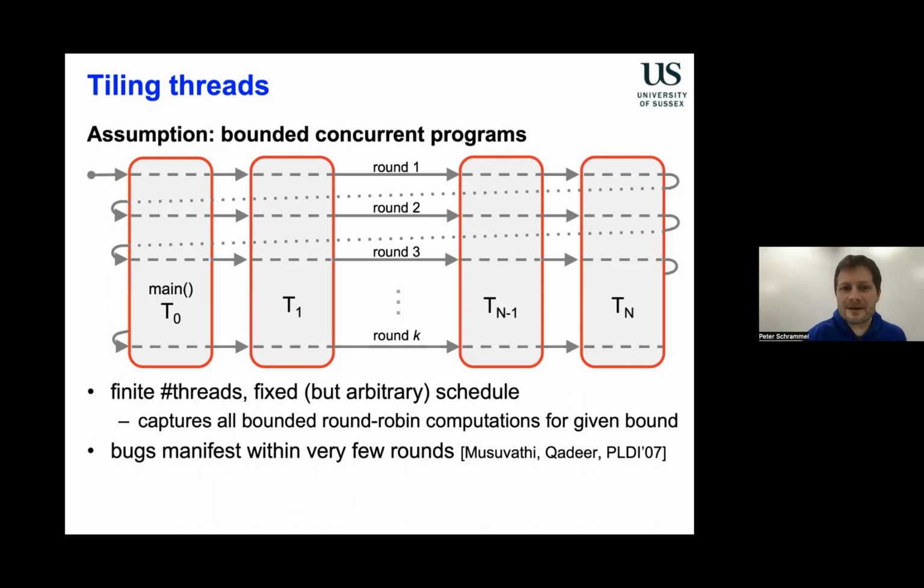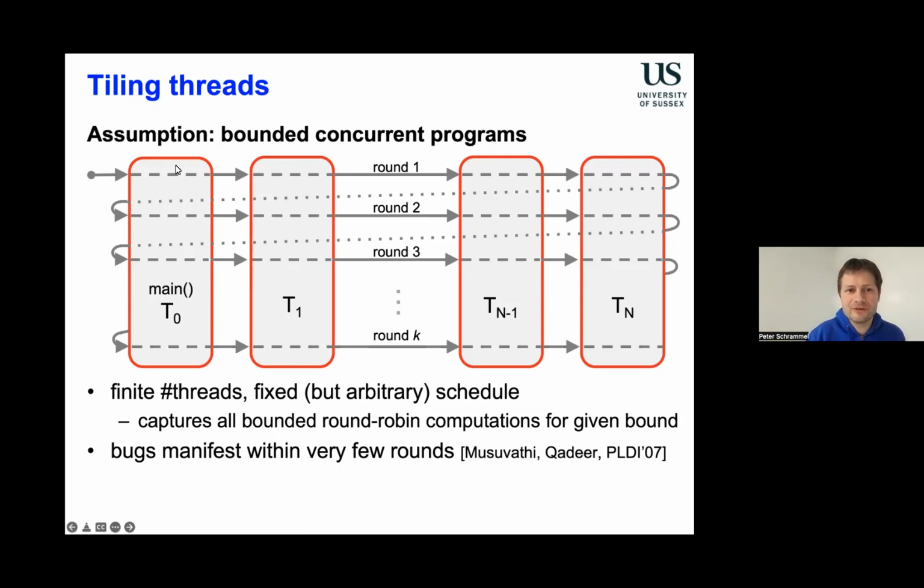In each round we allow one context switch. The way to do this is to introduce non-determinism in the sequential program to pick where the context switches happen.